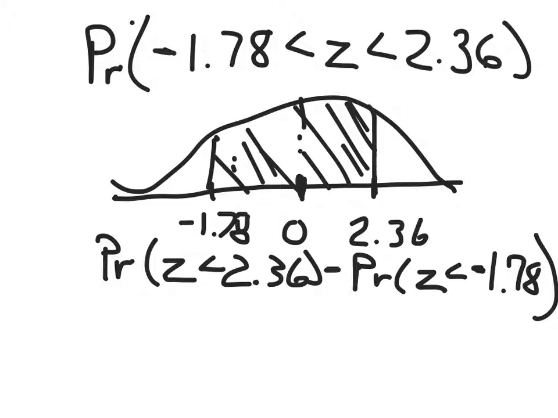Okay, so I'm going to get positive 2.36, so I'll have 2.3 from the left. You notice on your boundaries, you have one place to the right of the decimal there, and then going across the top, you have two places to the right of the decimal. So I have 2.3 and then 06.